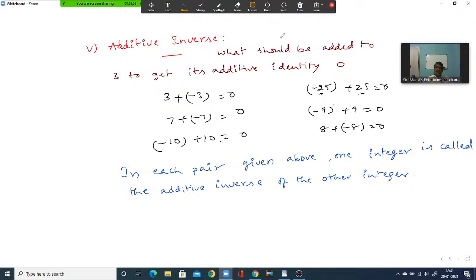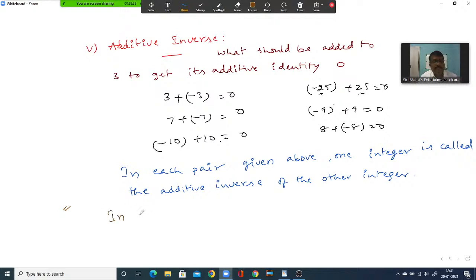If you add those two, it will definitely be 0. Then both are additive inverses of each other. Do you understand? We are going to write this. This is the main point, so I am going to underline it.